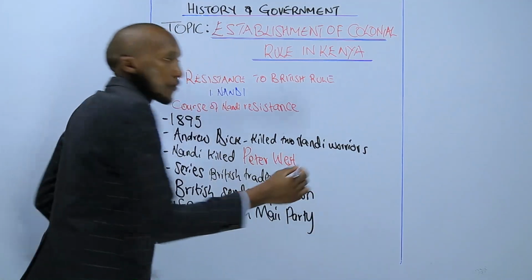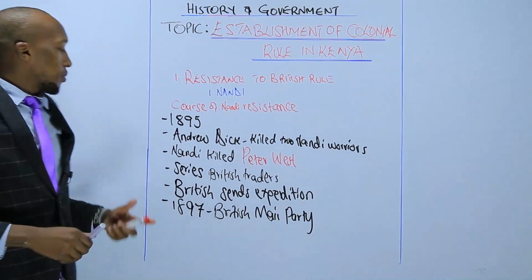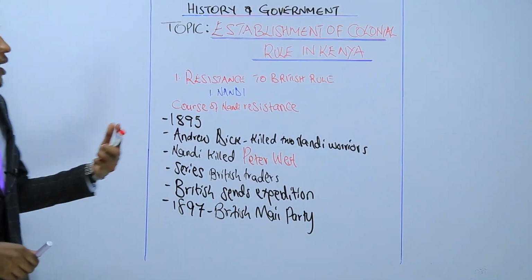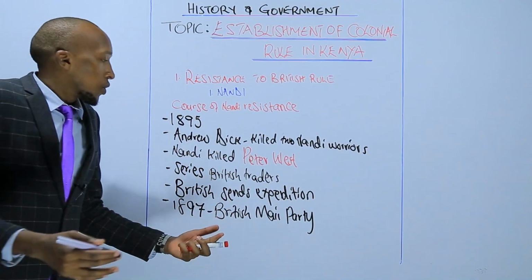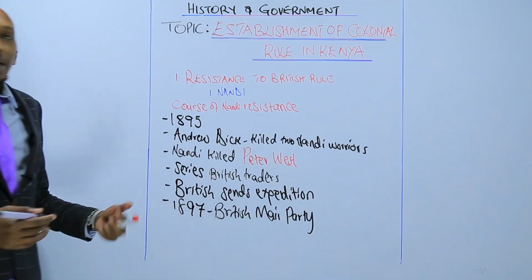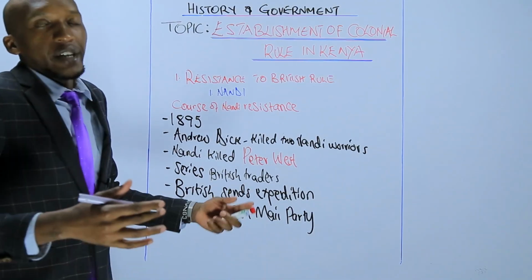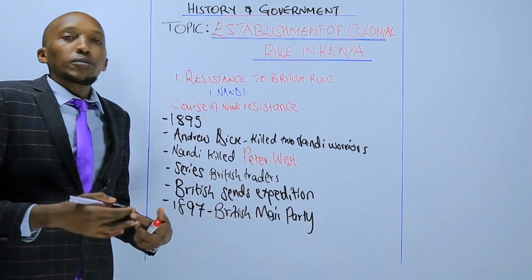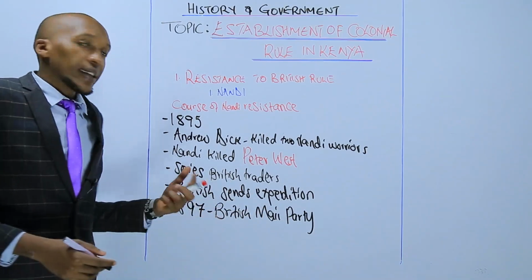This was a group of traders that were going on with their trading activities, but the Nandi decided to attack them, and this really angered the British. So they decided to bring even more punitive expeditions to fight against the Nandi.